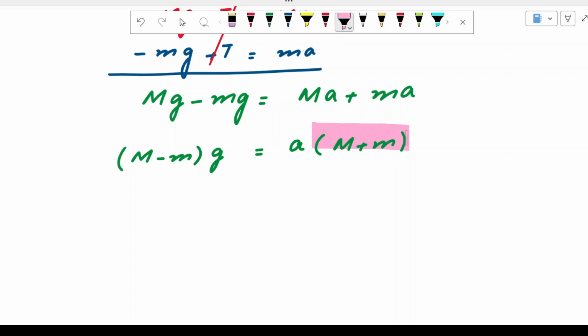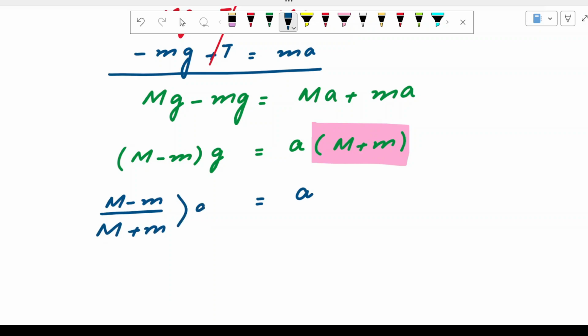Now this expression is being multiplied by A, so on the other side, it should be divided. So this is the expression that you should have for the acceleration.